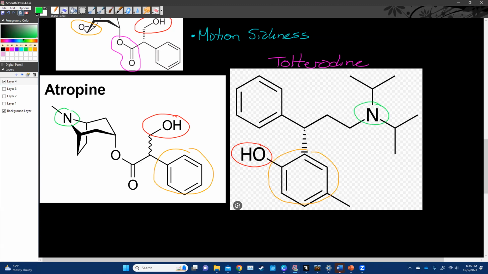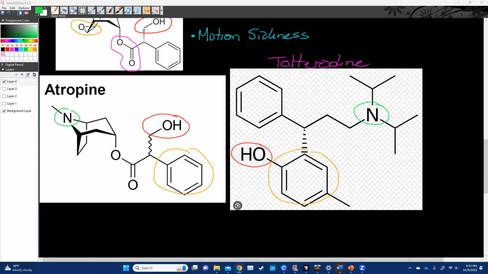And if you were to align these drugs over each other, what you'd find is that they have very, very similar arrangements. That tolterodine can kind of modify itself to look like atropine.